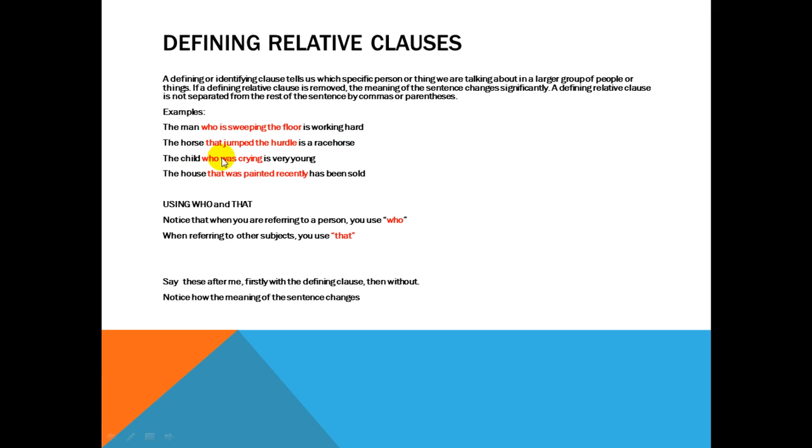The child who was crying is very young. The child is very young. The house that was painted recently has been sold. The house has been sold. So we can see that even if we leave out that defining clause, which describes more what we were talking about, the meaning still remains the same.